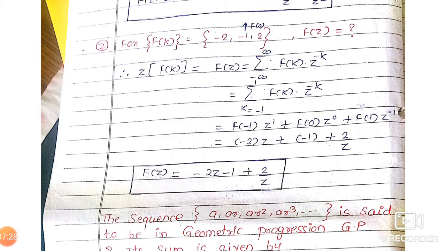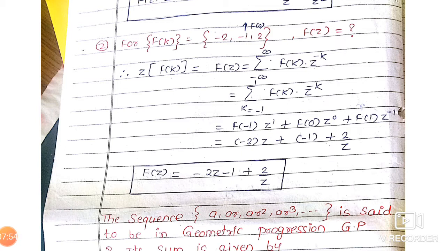So after substituting the values of k, next is what? Substitute k equal to minus 1 first in the above sequence. So the first term becomes f at minus 1 z raised to minus of minus 1, plus k equal to 0, f at 0 z raised to 0, plus substitute k equal to plus 1, that is f at 1 z raised to minus 1.